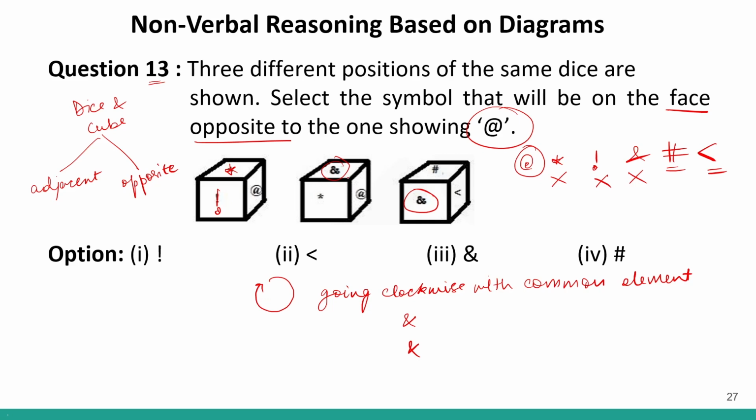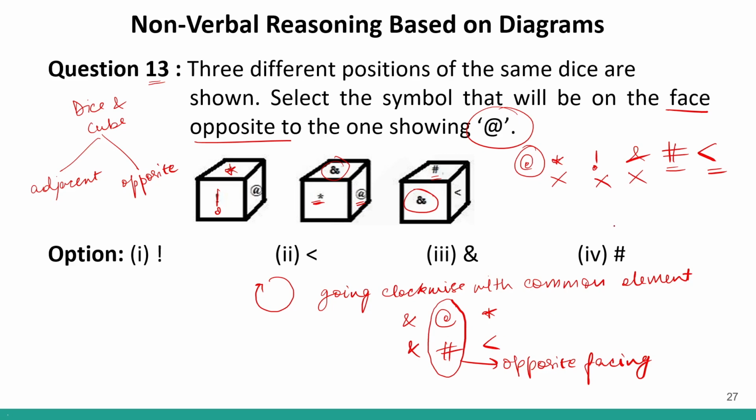So if I go clockwise, the next element will be this and the next element will be this. Similarly, if I go clockwise, the next element will be this and the next element will be this. So this is how I'm going clockwise. When you go clockwise, these two symbols will be opposite facing. Okay. So @ and hashtag.